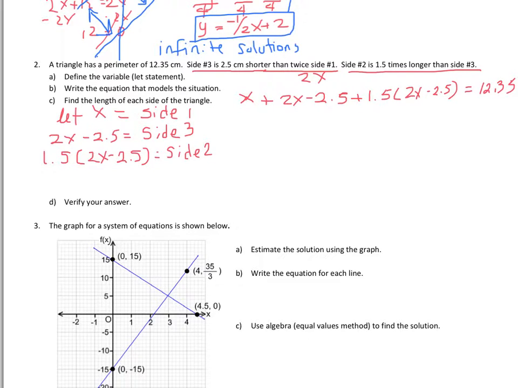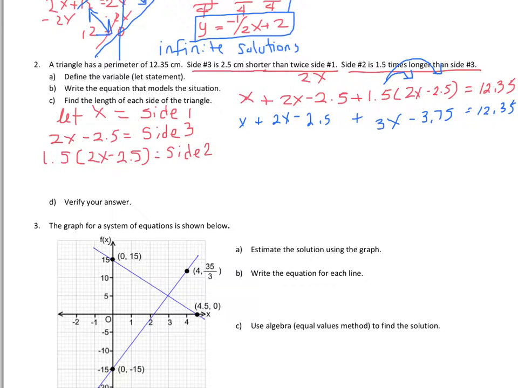12.35. Well, the first thing I need to do is sort this out by using the distributive property for my side 2. So 1.5 times 2x is 3x, and 1.5 times negative 2.5 would be negative 3.75. Everything still equals 12.35, and I still have an x and a 2x minus 2.5.